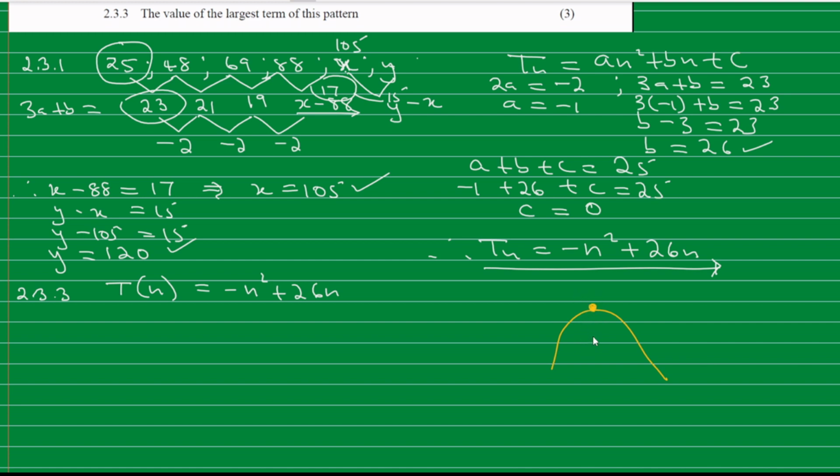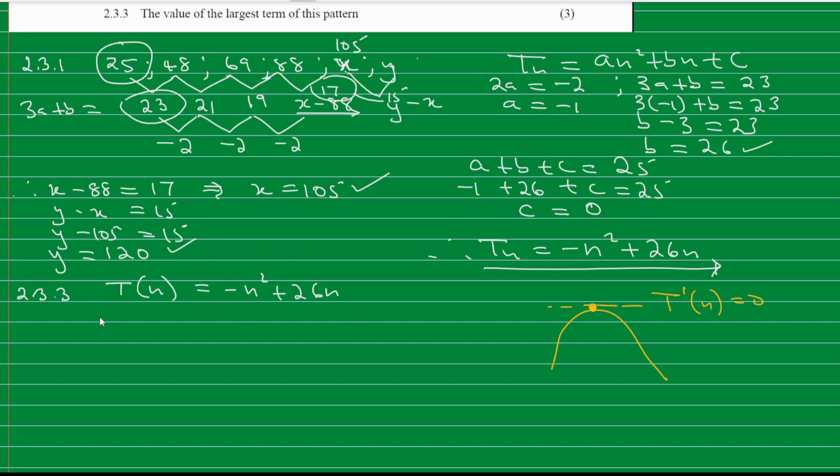We can take the derivative at the turning point and equate it to 0. So the derivative at the maximum point is 0. We are going to derive this function here.